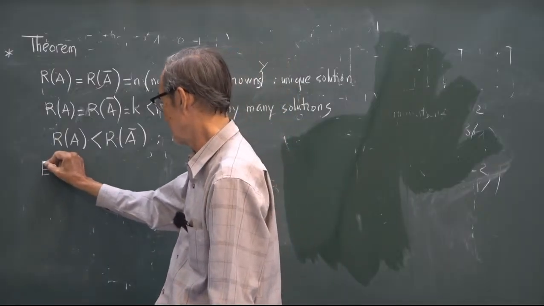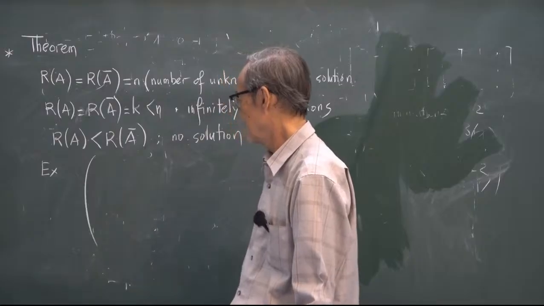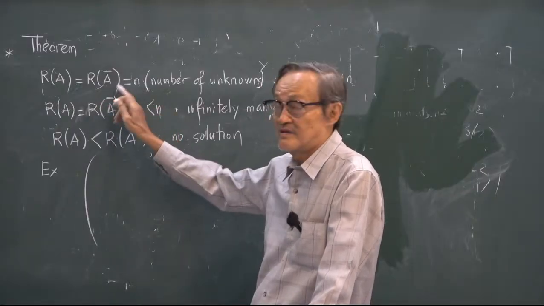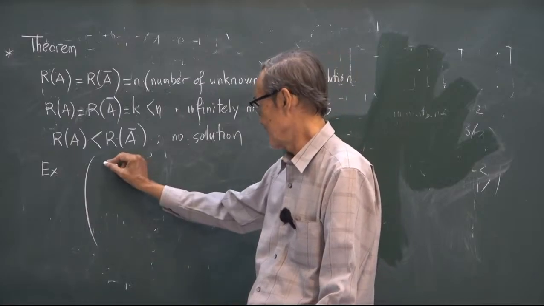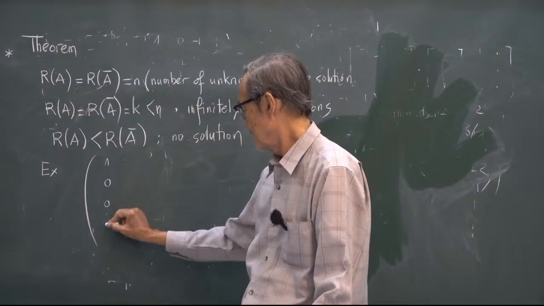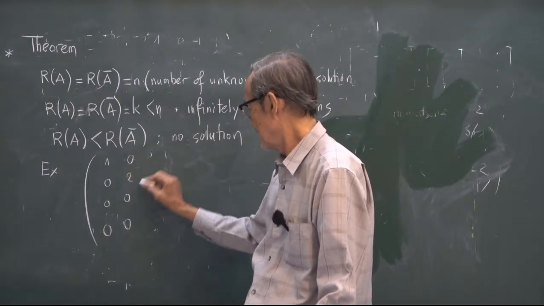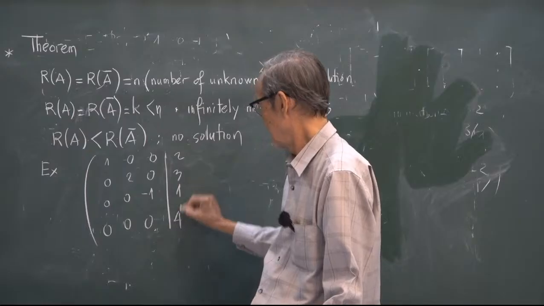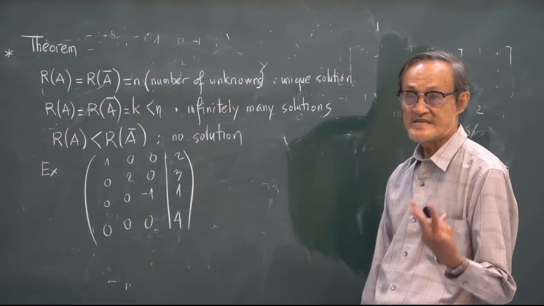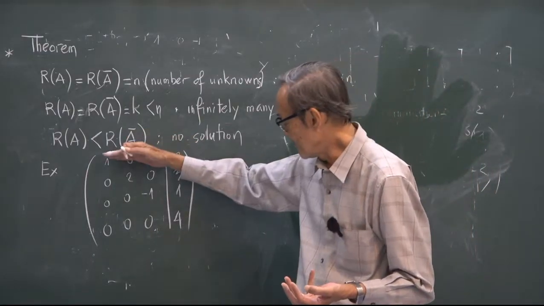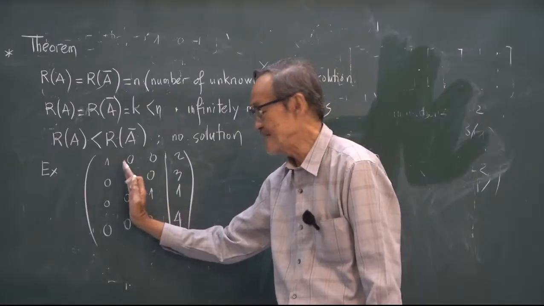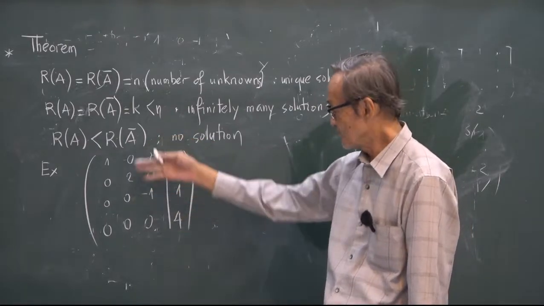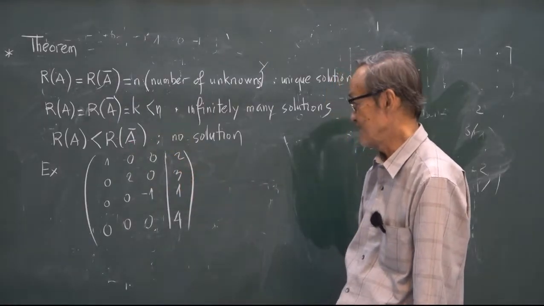For example, after transforming a system into echelon form, for example, we have four equations and 3 columns, meaning 3 variables: 4 rows, 3 columns on the left-hand side, 3 variables.